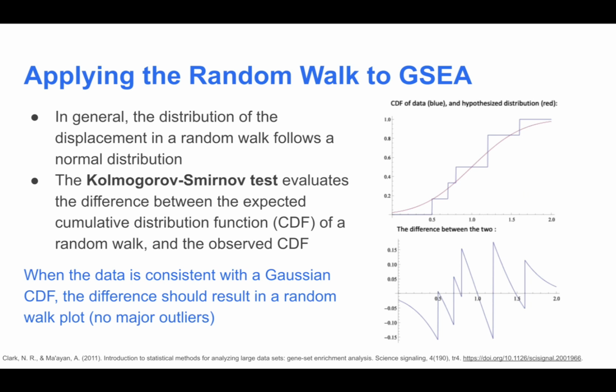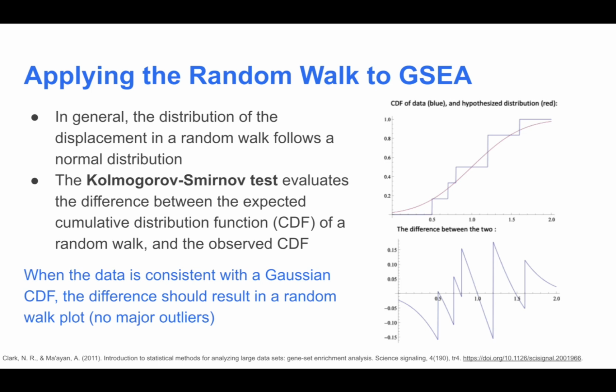If you're interested in the mathematical specifics, definitely read the original GSEA paper or read the paper that I cited on this page, from where I took this actual example that I'm showing. But in general, the distribution of the displacement in a random walk follows a normal distribution. So you can think of it as generally, if you're bound at 0 at both ends, your displacement will tend to be somewhere in the middle usually. You're less likely to be very, very close to 0 or very, very far from 0.